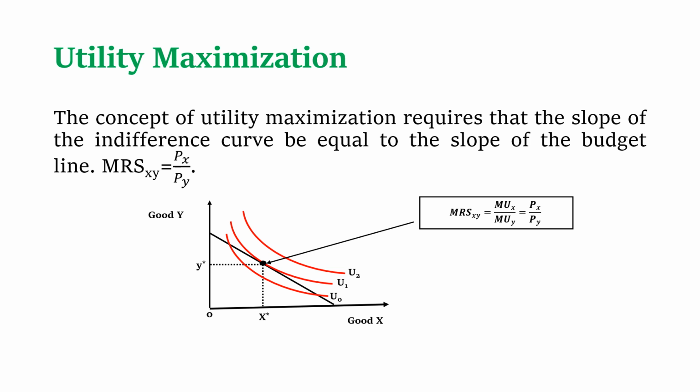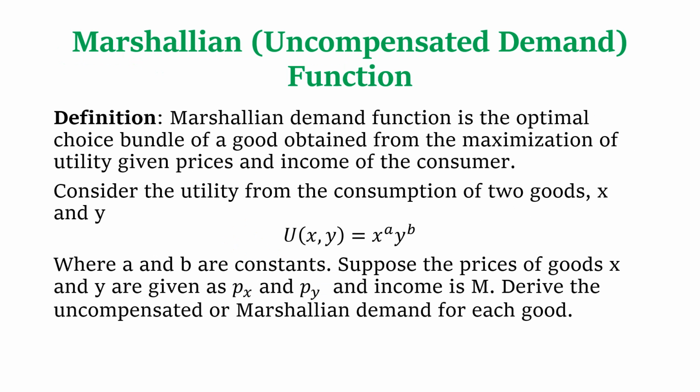So we're going to do that one later on, immediately after this lecture. But let's move on. Now, the Marshallian demand function is the optimal choice bundle of a good obtained from the maximization of utility given prices and income of the consumer.